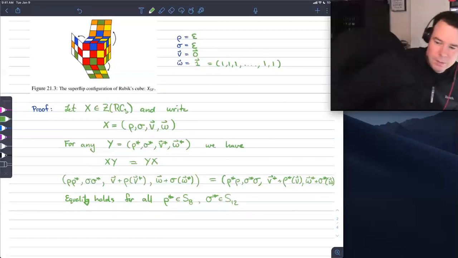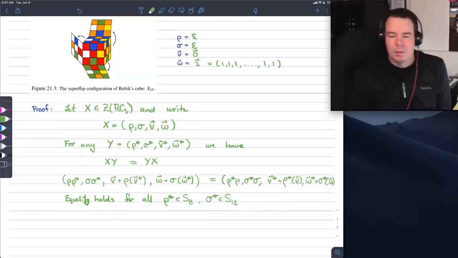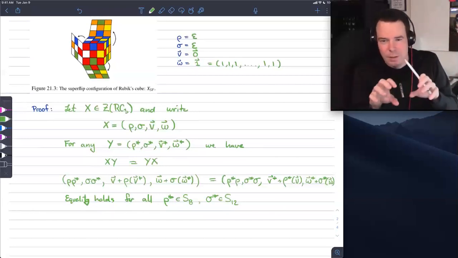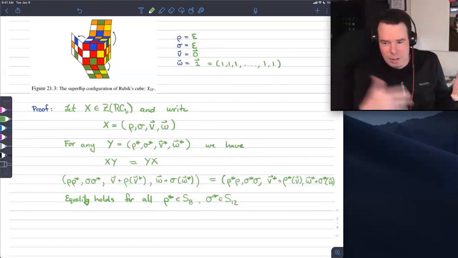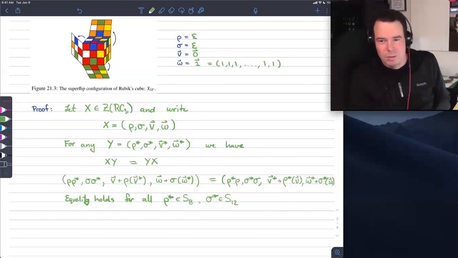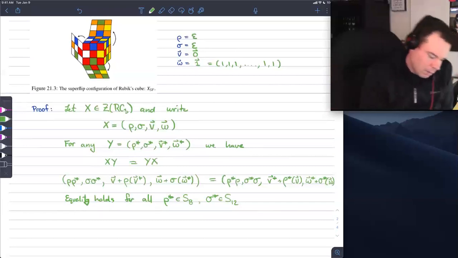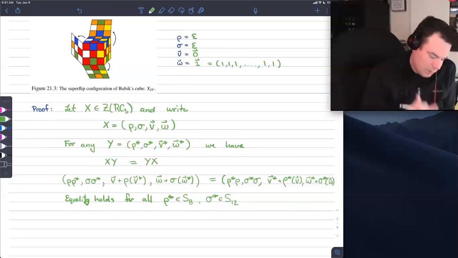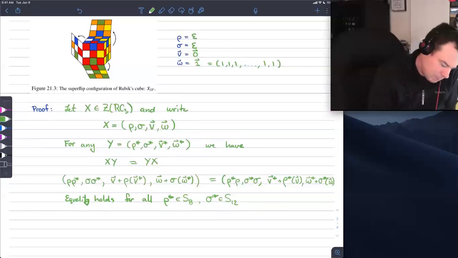Any of the sigma star permutations are possible. It's just that you can't have the rho stars and the sigma stars being anything at all. They have to match in their parity. But any rho star is possible. I could take rho star to be any permutation, and then take sigma star to be the identity or a two cycle, depending on whether rho star was odd or even, and vice versa. I could take sigma star to be anything, and then take rho star to be the corresponding even or odd permutation to make sure it works out. But the point is that rho star could be anything, and sigma star could be anything.